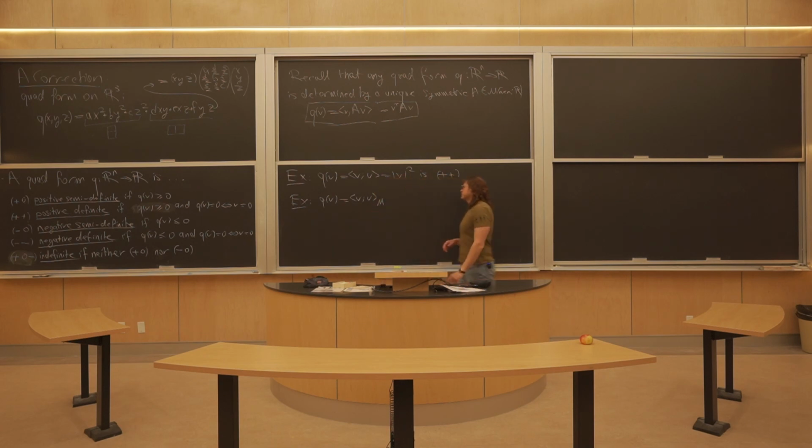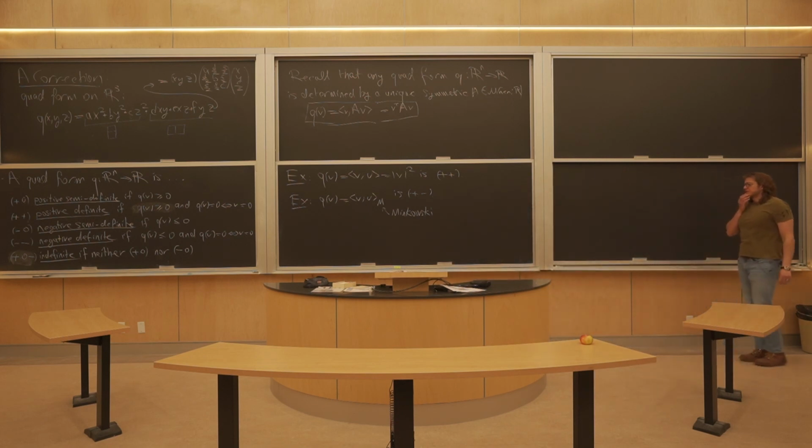Recall that this was the distance or norm squared in the context of spacetime. And you have a minus sign somewhere, and that gives you indefinite, plus minus. So all of these are important, different variations.